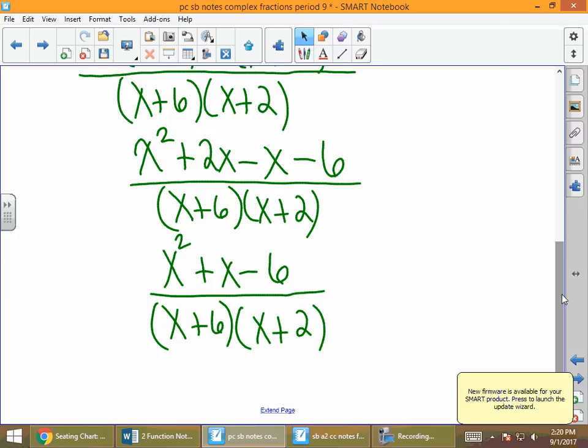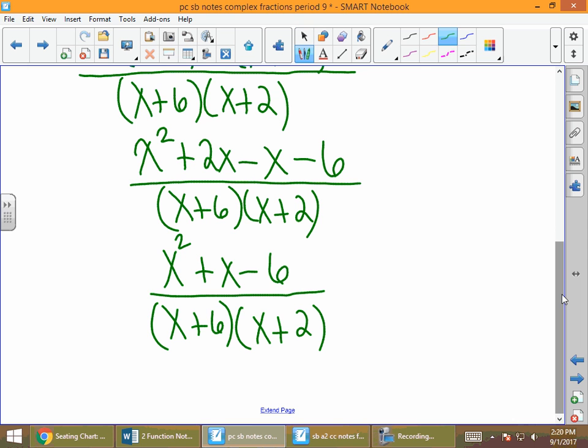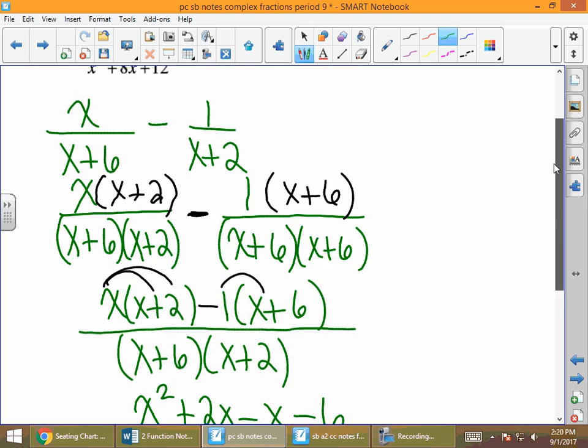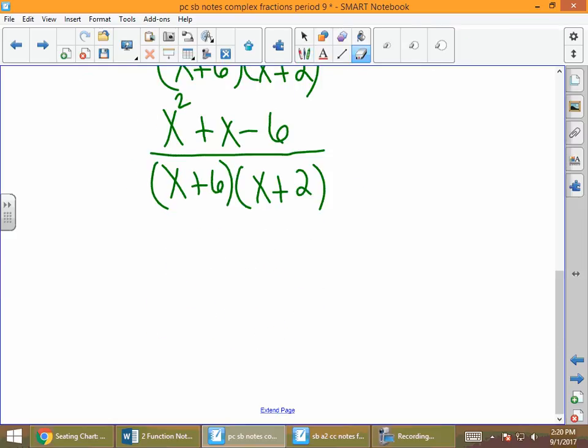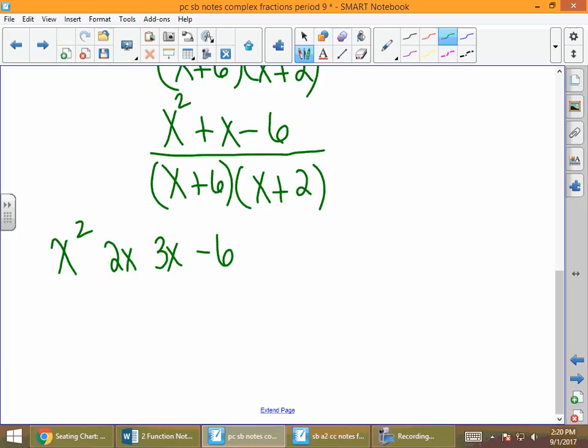The question is, do you think we can factor that top numerator? And it looks like we can. So as I come up to the side here, I'll go underneath still. We've got x squared and we've got minus 6. What combines to be 1? 2 and 3. Which one's positive? It's actually the 3.